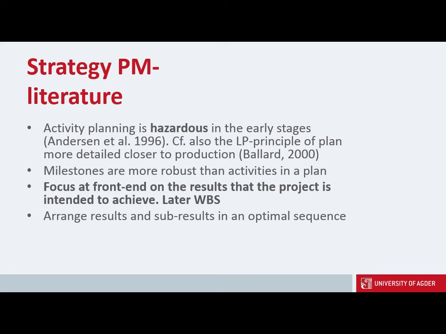In the strategic project management literature, we find arguments like activity planning is hazardous in the early stages. And it's argued that milestones are much more robust than activities in a plan, which is more easily changed.